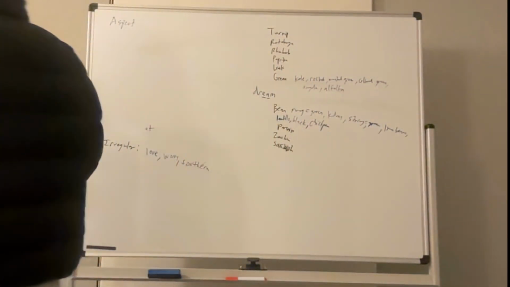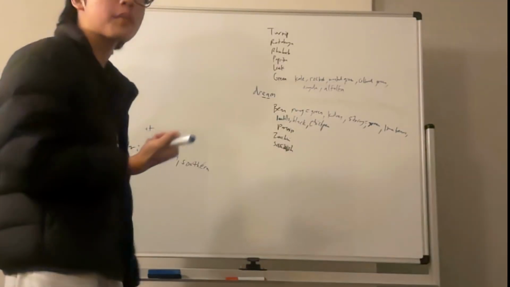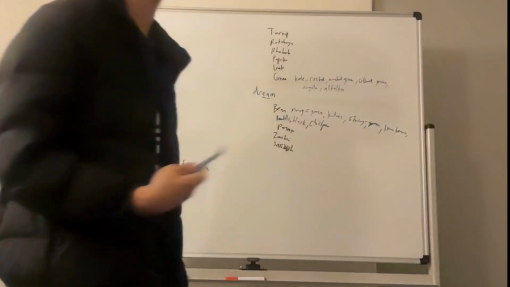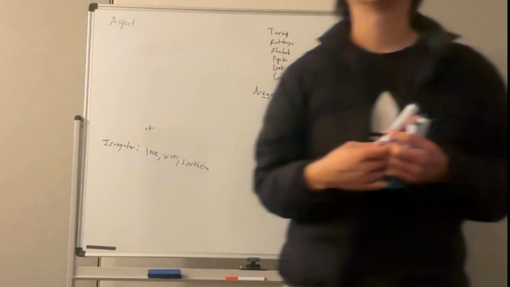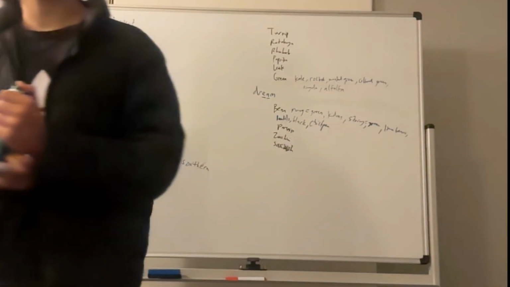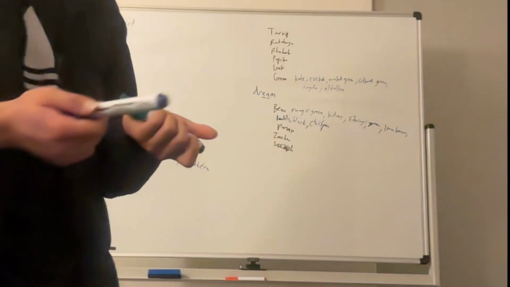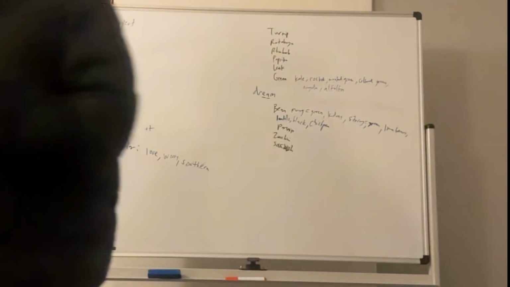Aspect is a way to inflect a verb, right? So you know verbs, they are words of motion, but that's not quite true, since they are more like words of doing, words of being, words of going, things like that.